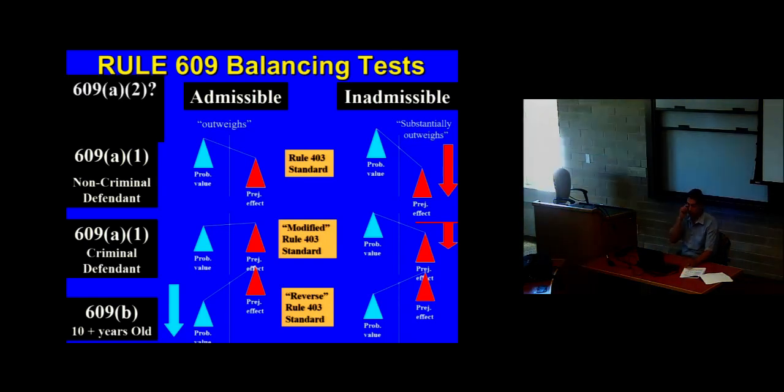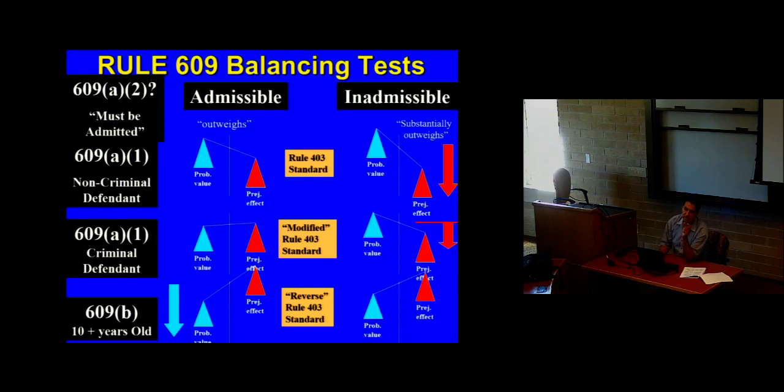Remember, with Rule 609A2, for a conviction that involves false statement or deceit, and there are rare ones like perjury or fraud in the inducement or something like that, then even if it's a misdemeanor, it must be admitted. Notice that there is no balancing test, there's no discretion, nothing to weigh.